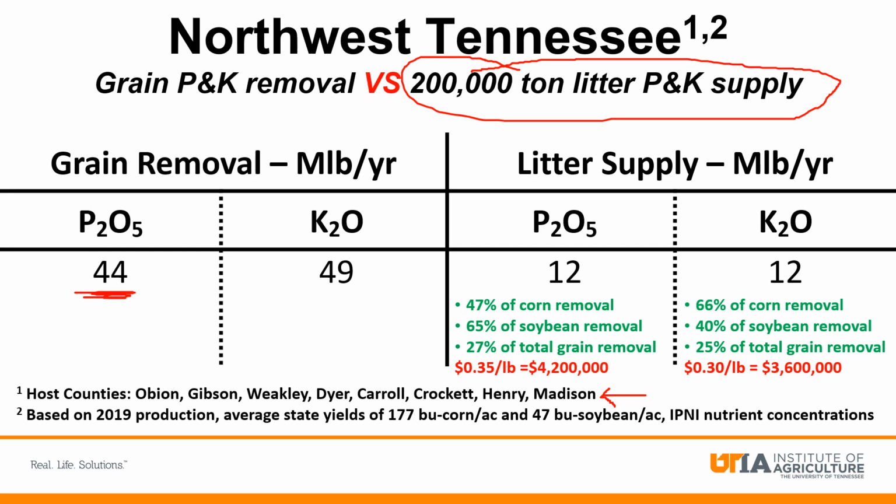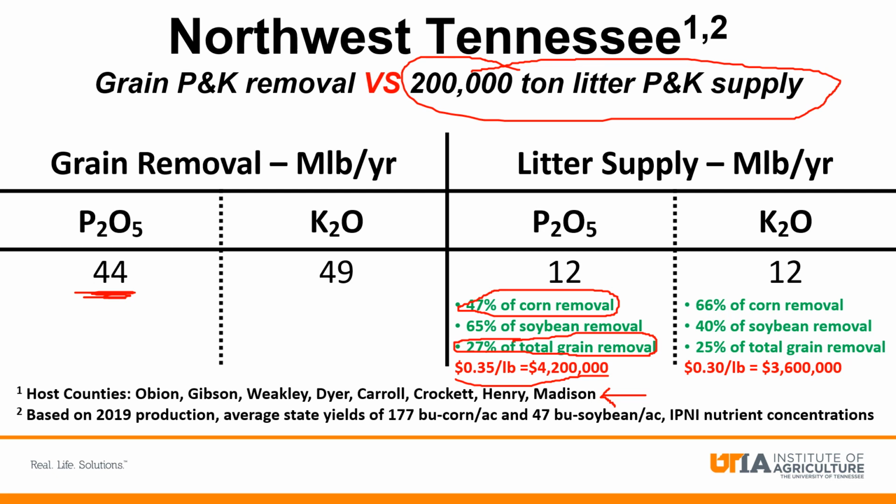It represents 47% of the removal of phosphorus in corn grain, 65% in the case of soybeans, and 27% in the case of the total grain removal for both soybeans and corn, and an estimated value at 35 cents a unit of approximately $4 million.